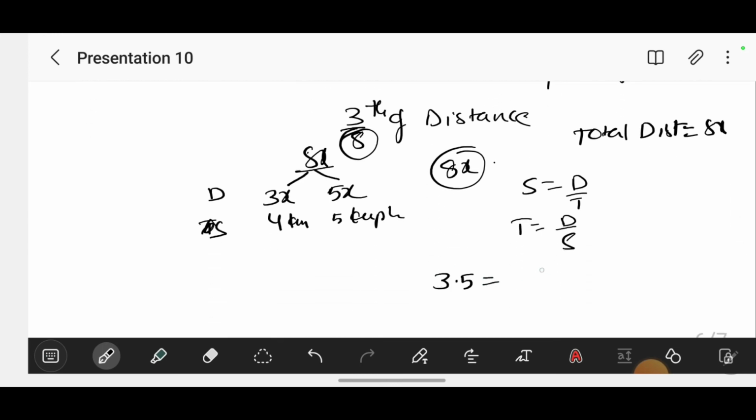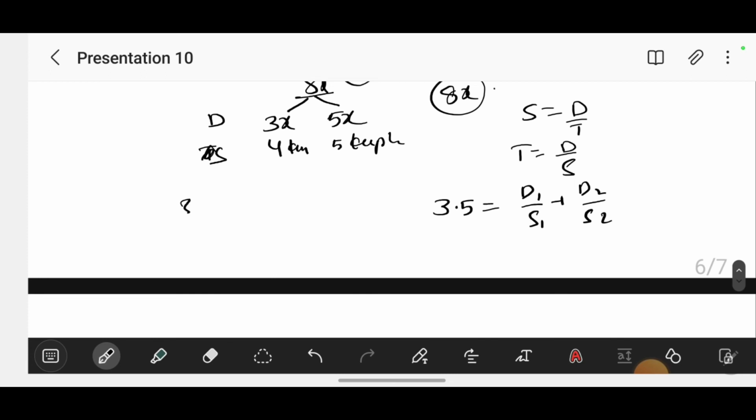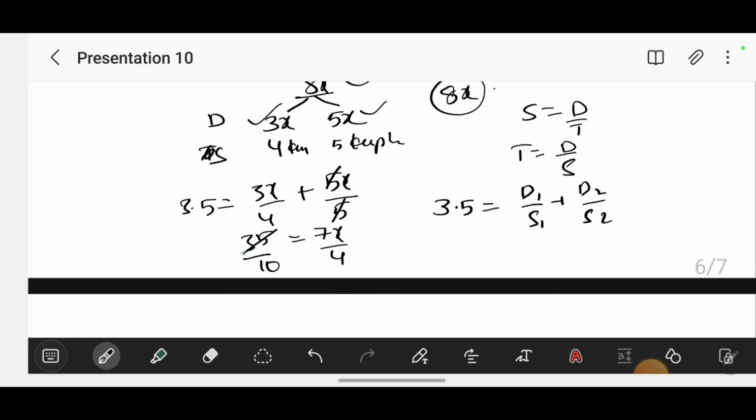This is equal to d1 by s1 plus d2 by s2. So we can say 3.5 equals d1 is 3x by s1 is 4, plus d2 is 5x by s2 is 5. By solving this, you get 7x by 4 is 35 by 10, and this is 5 7s, 5 2s, and 7 7 cancel and 2 2s are, so x is equal to 2.